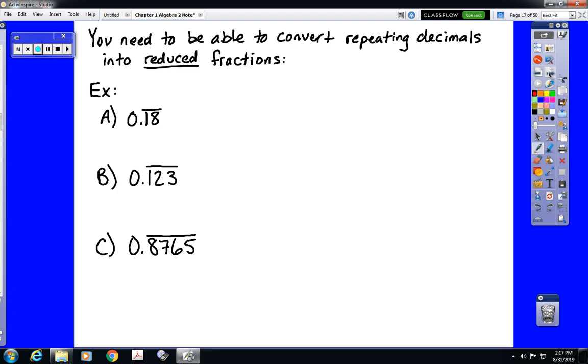Next up, and this is the final skill for this section, is how to convert a repeating decimal into a fraction. And your fraction should be reduced. So here are 3 repeating decimals. This is a very simple idea. What we do is we say, okay, 2 digits repeat.